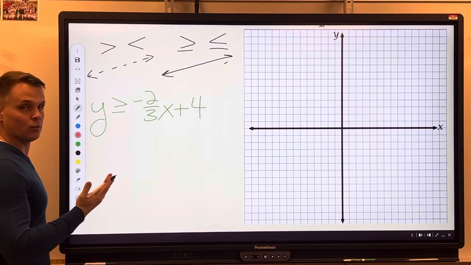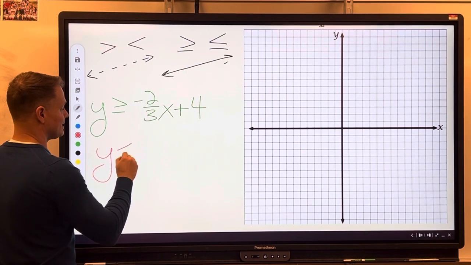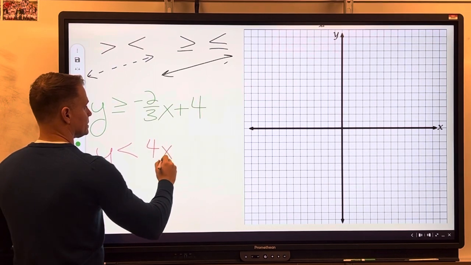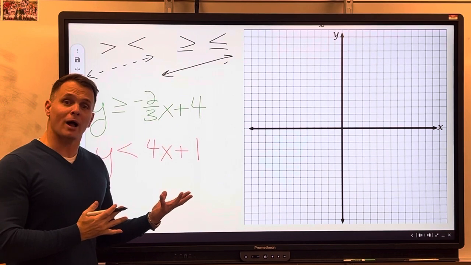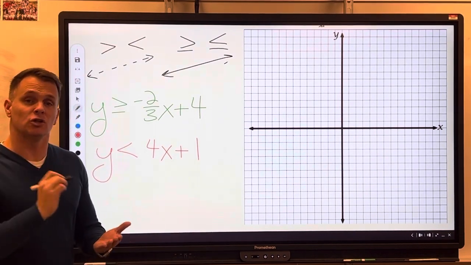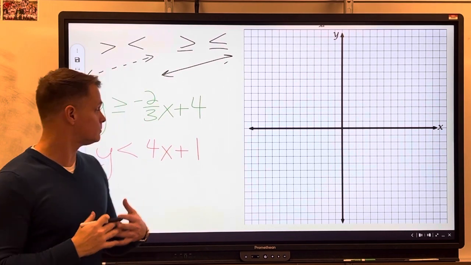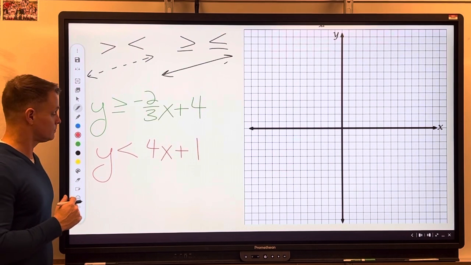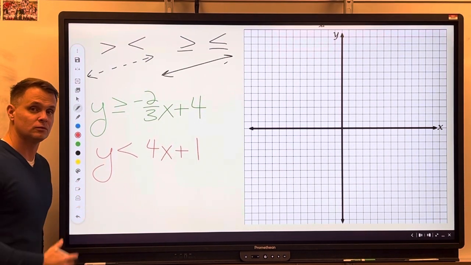And then our red one, we'll say that we got y is less than 4x plus 1. You guys go ahead and try this, shade it. Shade the solution where they both overlap real dark. I'll try it too. Let's see if we get the same answer. Press the pause button. Try it. When you're done, press the play button. I'll do it. See if we got the same answer.